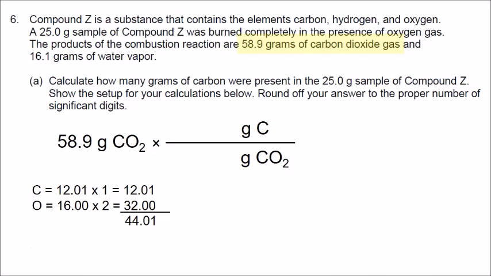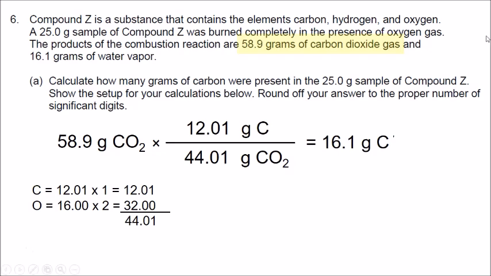So 12.01 grams of carbon for every 44.01 grams of CO2. If we do this math, let's round our answer off to 3 sig figs. We get 16.1 grams of carbon.